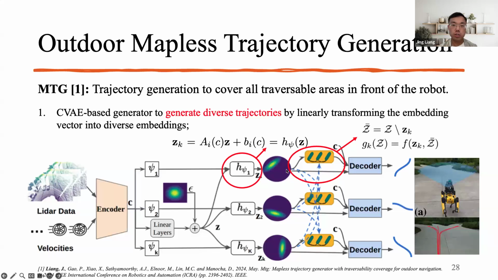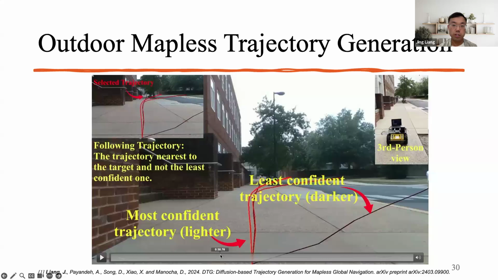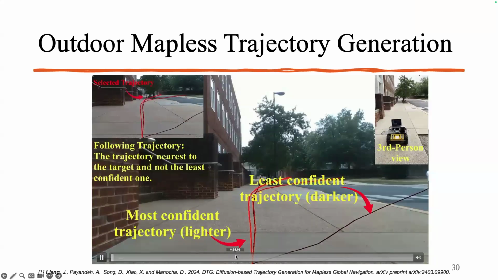For each trajectory, we have different waypoints, and those waypoints have different Gaussian distributions. And we use the variances to represent the confidence of the trajectory. So the darker color in this video shows lower confidence, and the lighter color means higher confidence. I see, I see. Got it. Thank you.